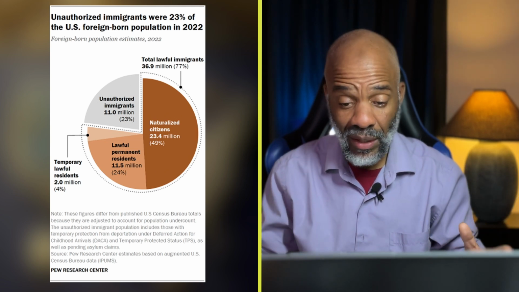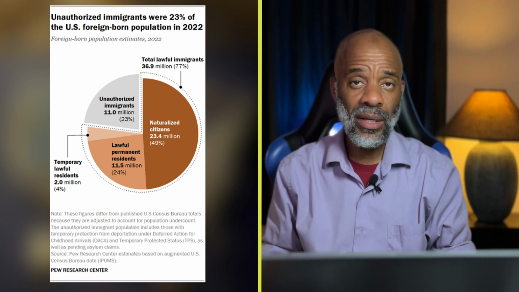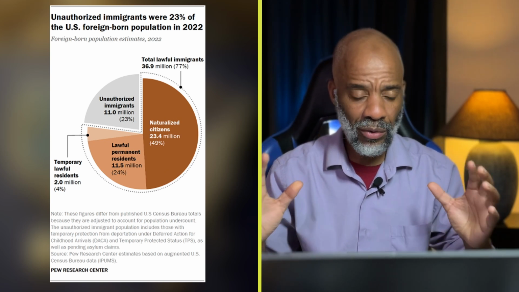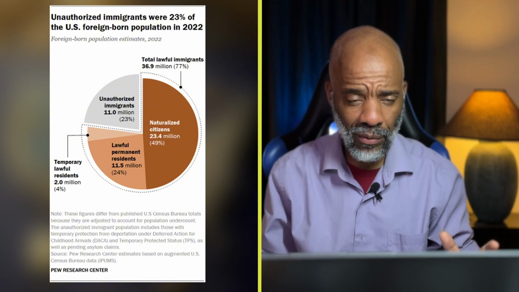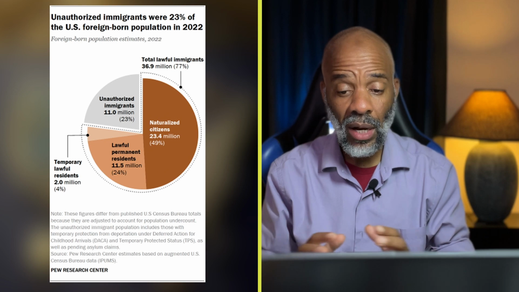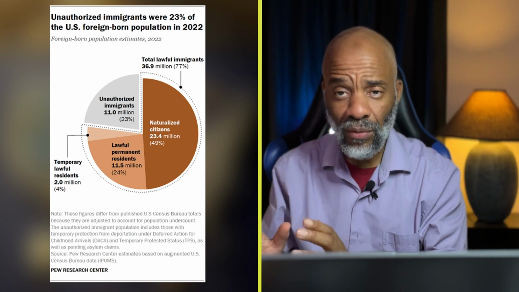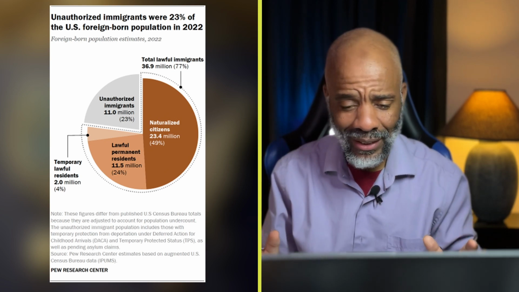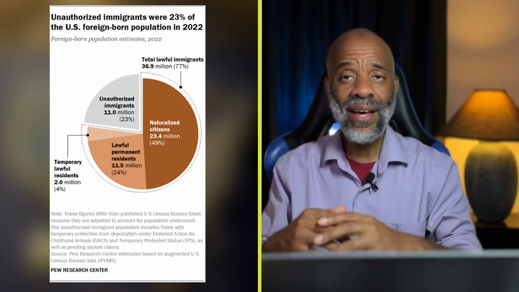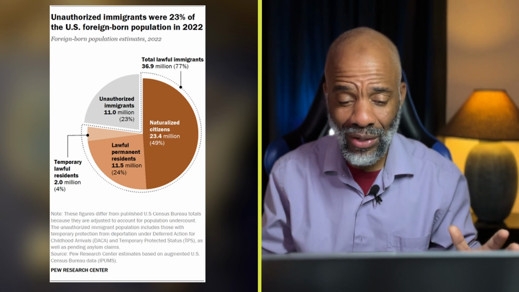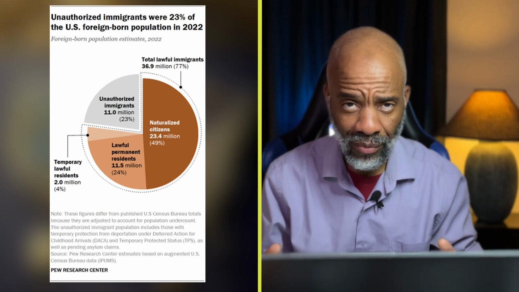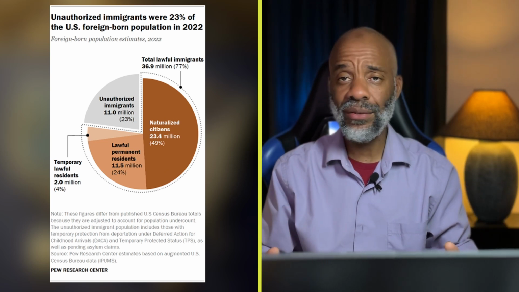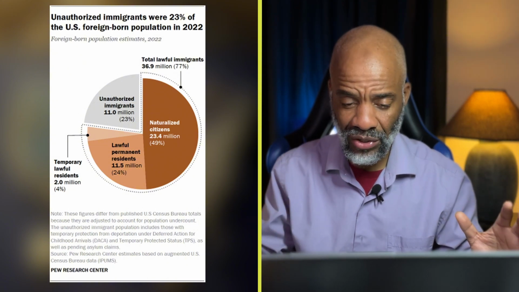And the rest of the immigrants are lawful immigrants. We need to remember this, that 3 out of 4 immigrants, the overwhelming majority of immigrants, are lawful immigrants. They're either naturalized citizens, or they have lawful permanent residence, as you can see there, or they have some sort of temporary status, which is considered lawful.